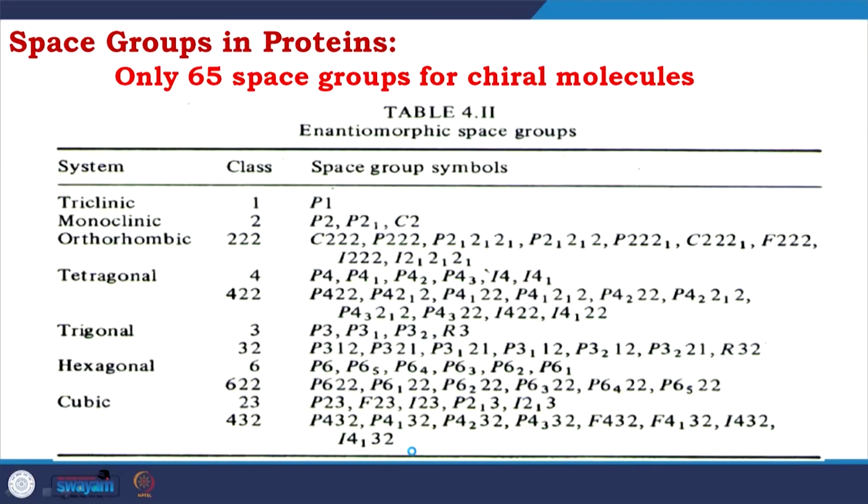And also, as I told, the 230 space groups reduce to 65 for proteins because of the chiral environment.